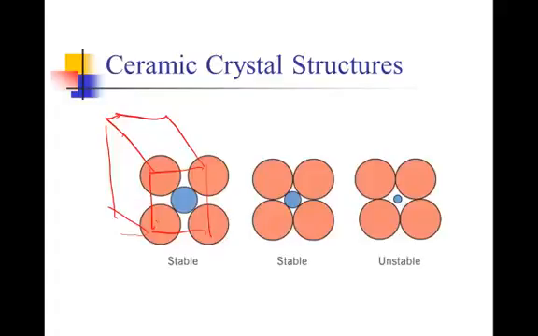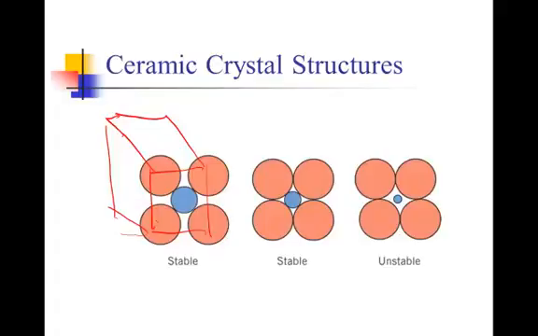And remember, before we talked about the size of the relative radius of the ion determines how many anions can fit around a cation, the coordination number, that type of thing.